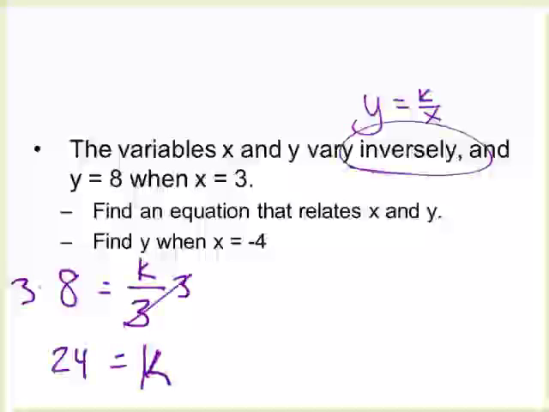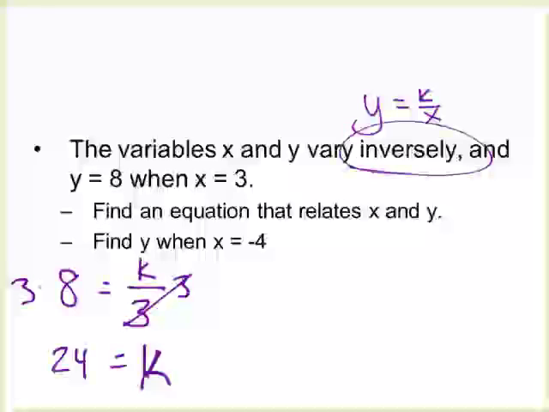But we need to be careful when we answer our questions that we actually do what they tell us to do. Neither one of these questions asks us to find k specifically. The first one says, find an equation. Equation means it has an equal sign in it that relates x and y. So we want something with an equal sign in it that tells us how x and y are related to each other. That means it should have x and y in it.